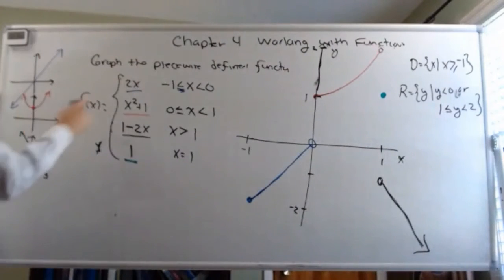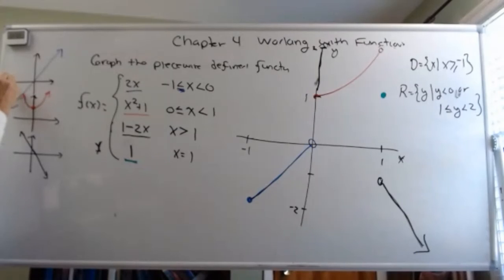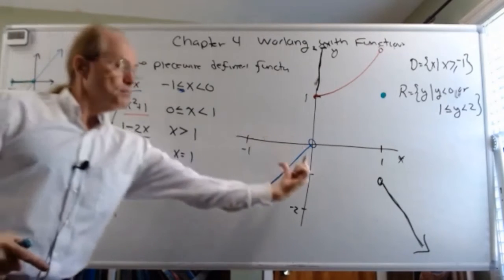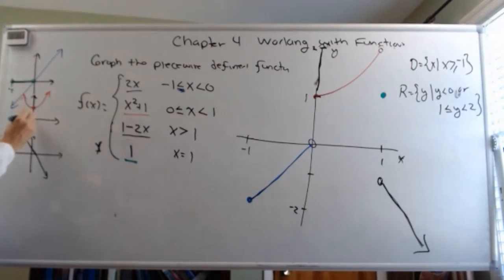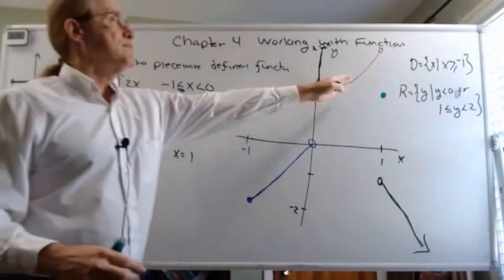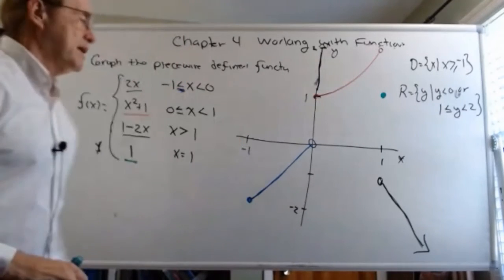So for the blue, I'm only going from, say this is -1, including that, up to but not including 0. So that's why this piece is just this little piece right here. In this way, I'm going from 0, including 0, up to but not including 1. So I only capture this little piece over here in the graph. That's just the point. I won't worry about that.